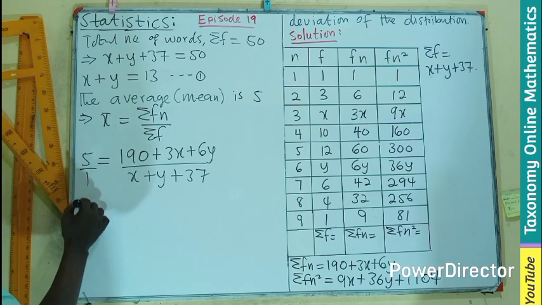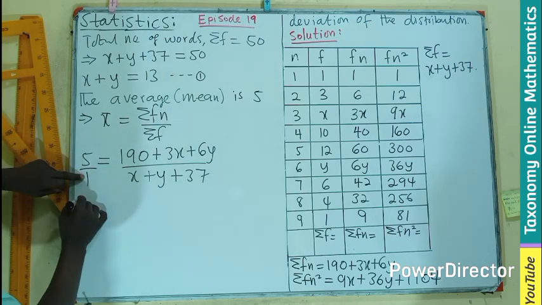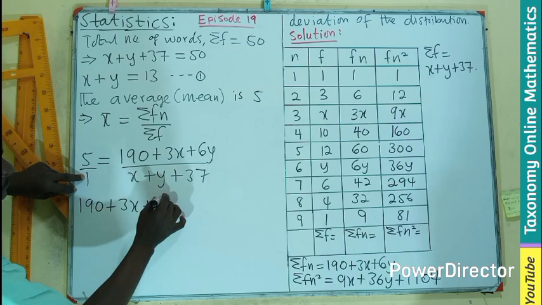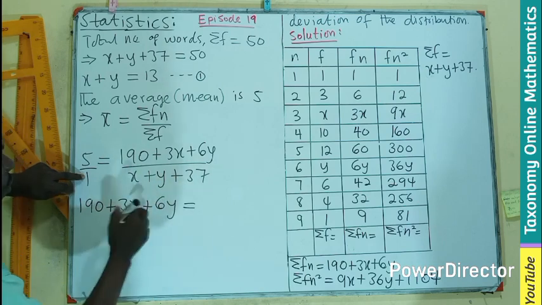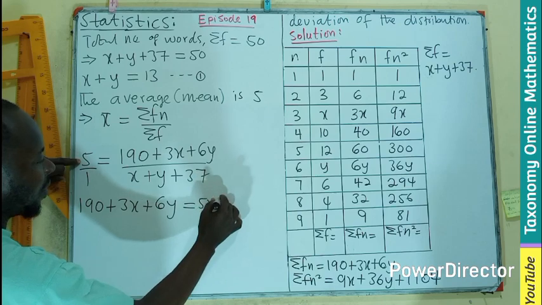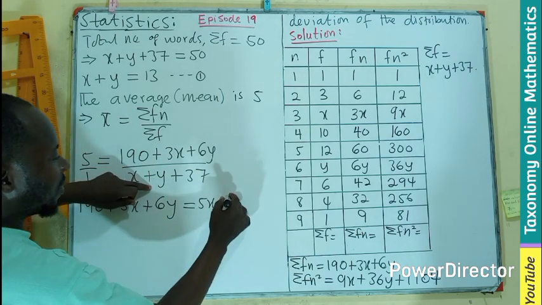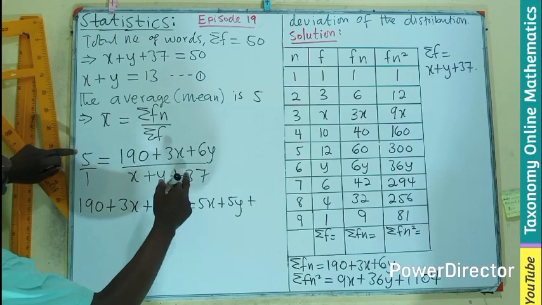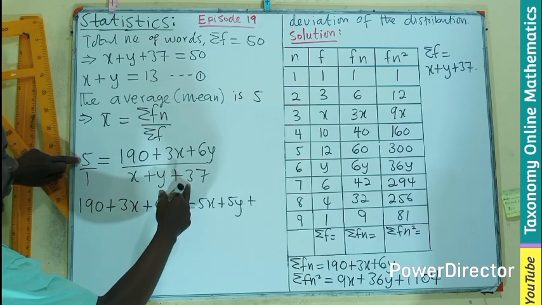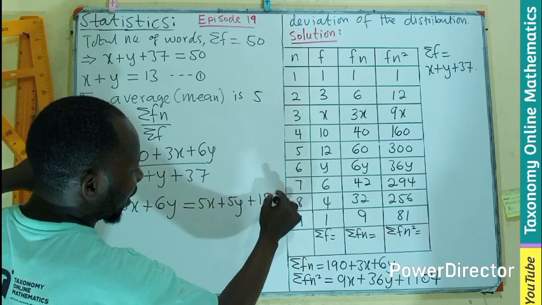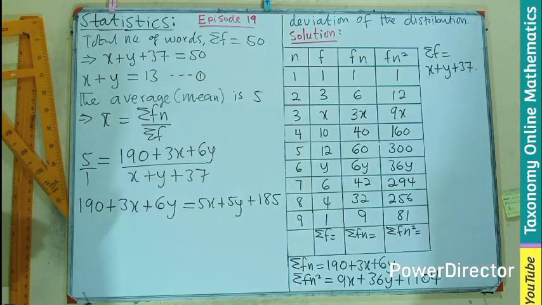So this becomes an equation that we can clear the fraction for. By cross multiplying, I should be having 190 plus 3x plus 6y equals direct multiplication: 5 times this is 5x, 5 times this, 5y, 5 times this, 185. We can cross check as well. Let's group like terms and see.